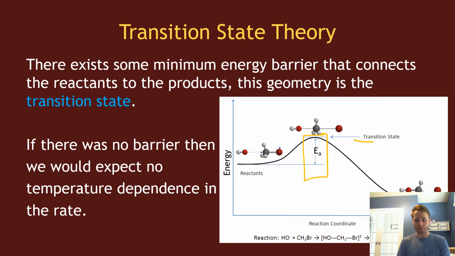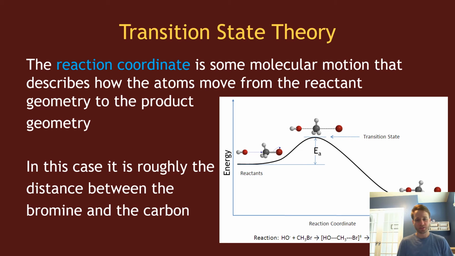That is related to the transition state, the state that helps us transition between reactants and products. So that energy barrier is related to the activation energy: how much energy is required to activate this thing to the transition state. Now, for transition state theory itself, you have some random reaction coordinate.